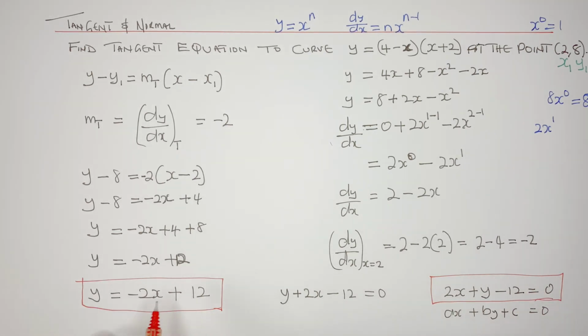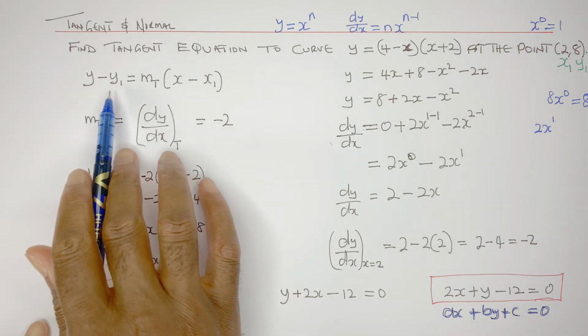You could be asked to write the equation in terms of y equals mx plus c, or ax plus by plus c equal to 0. So those are the two ways you could be asked to write it. Or you could be asked to write it like that.